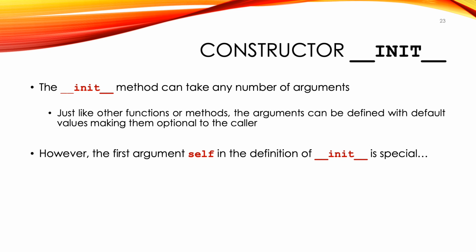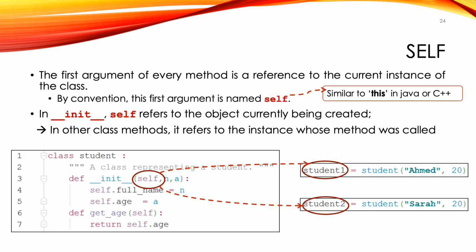So far so good. Nevertheless, we should know more about the special argument named self, the first one passed to the init constructor. Self. The first argument of every method is a reference to the current instance of the class. If you are familiar with any programming language, then it will be familiar to you.